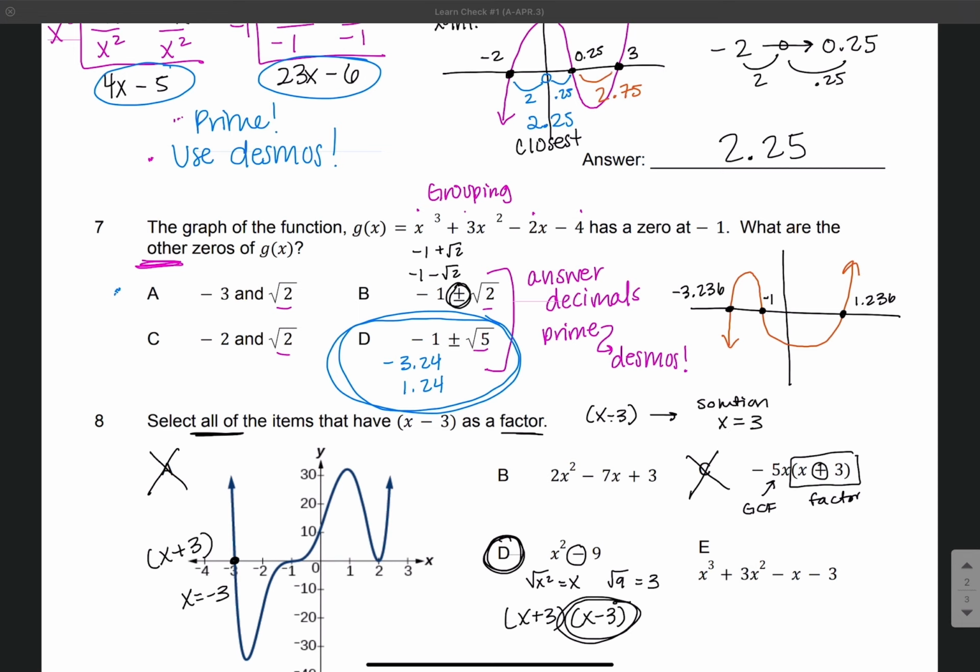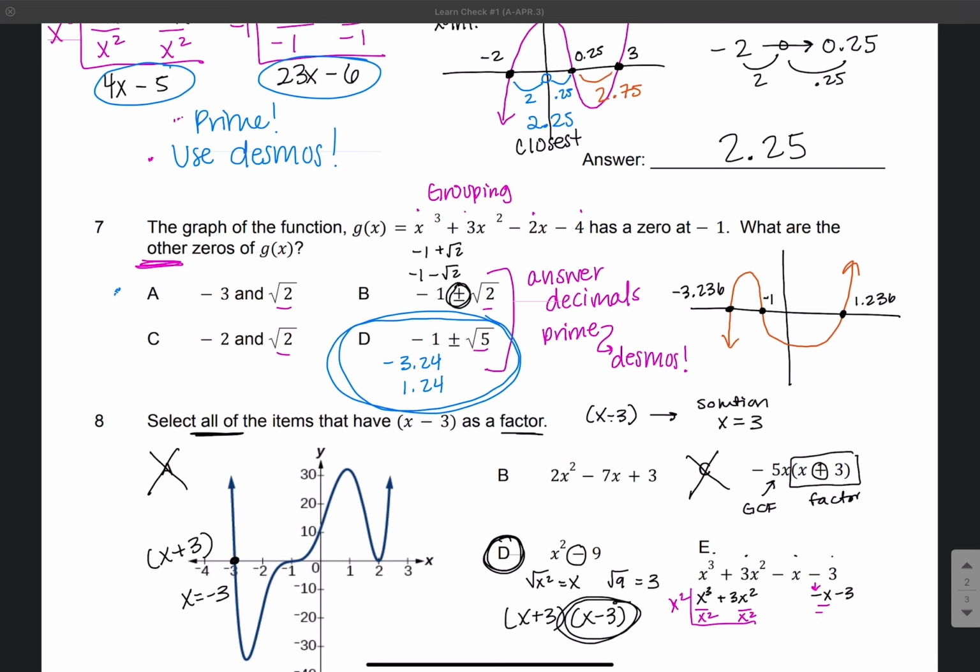So now let's check E. So E has 1, 2, 3, 4 terms. There's no GCF. So I know I would group them. So like x cubed plus 3x squared. Give it some space. Negative x minus 3. I would check for a GCF. So x squared. This one, there's a negative in front.